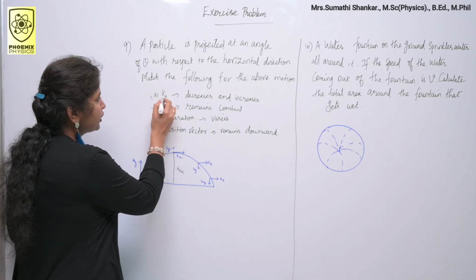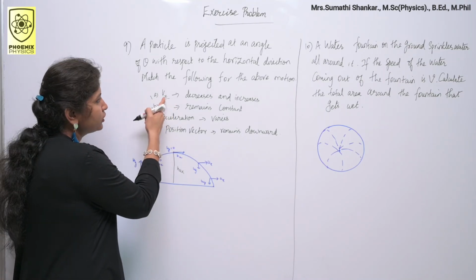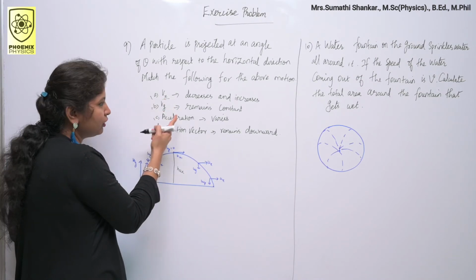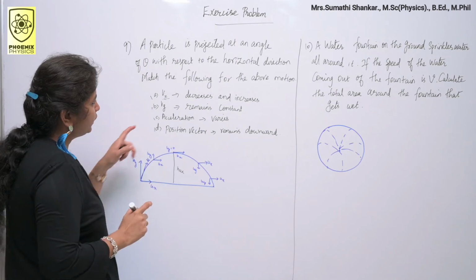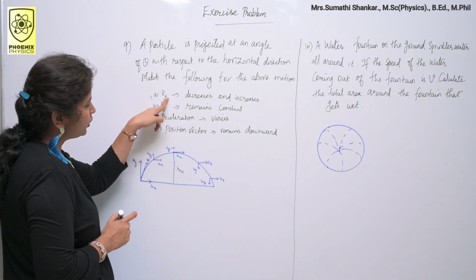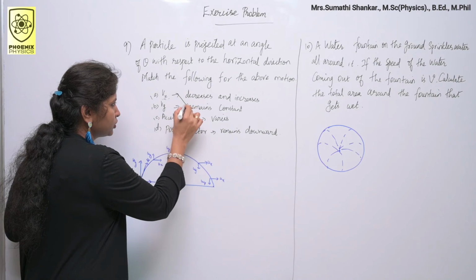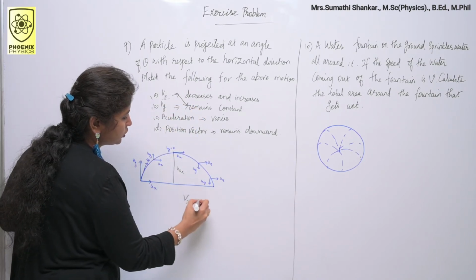Here instead of ux they have given vx. This is nothing but our horizontal velocity. This vy is vertical velocity, acceleration you know, position vector you know. Here the horizontal velocity is constant, so you should match like this: vx is constant.